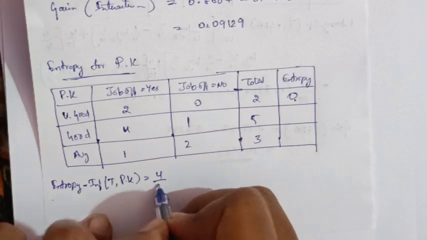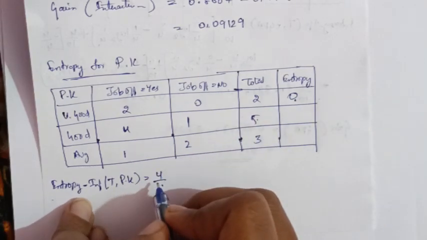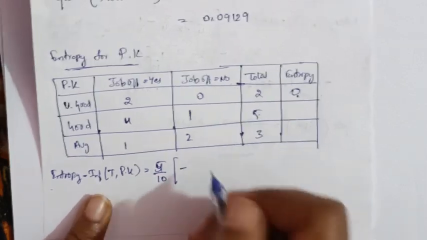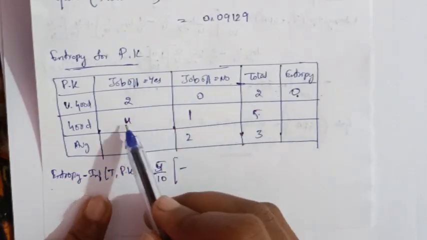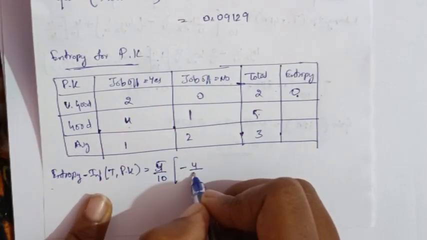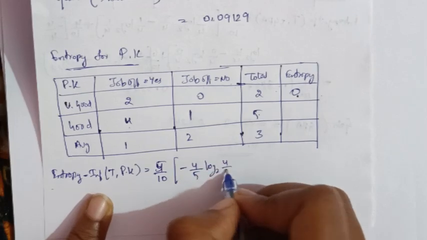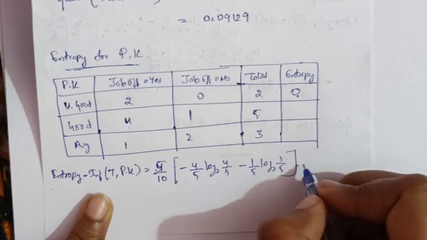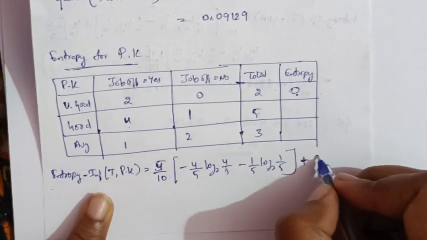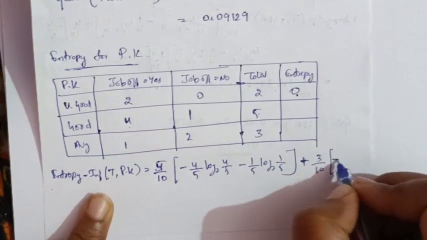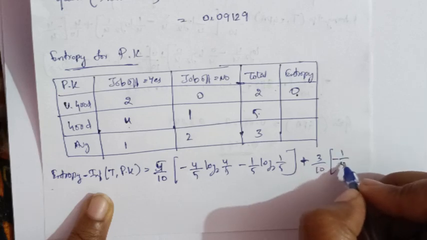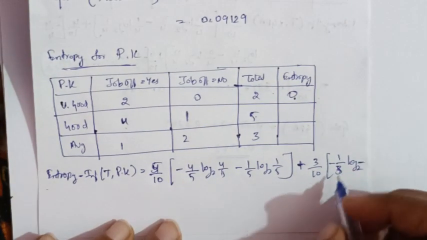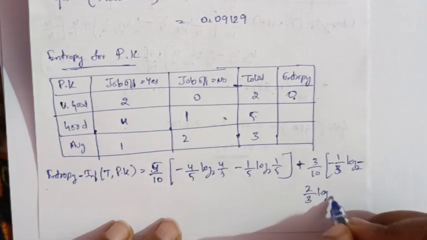Here we have 5 by 10 times minus 4 by 5 log 2 4 by 5 minus 1 by 5 log 2 1 by 5, plus for this now 3 by 10 times minus 1 by 3 log 2 1 by 3 minus 2 by 3 log 2 2 by 3.